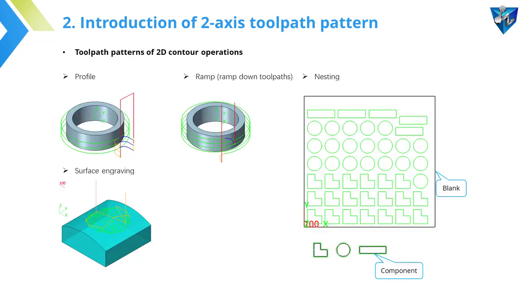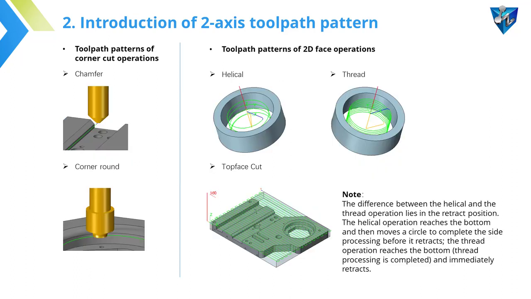The second category is 2D contour operations: profile, ramp, nesting, and surface engraving. Then the last 2 categories are corner cut operations, which contains chamfer and corner round cut, and 2D face operations, which contains helical, thread, and top face cut.